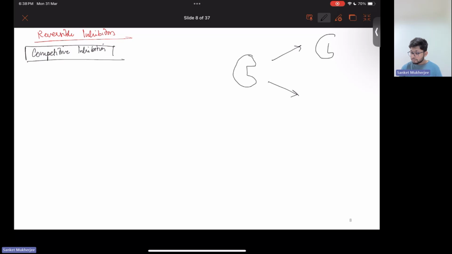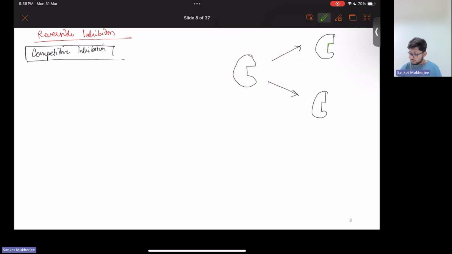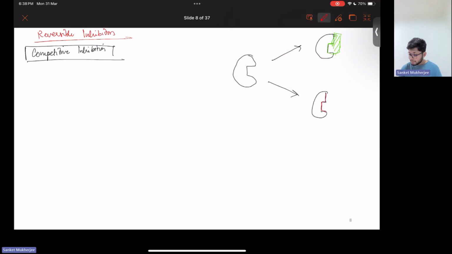So if this is the enzyme, this could be substrate binding, or there could be inhibitor binding. So this is the inhibitor, this is the substrate.